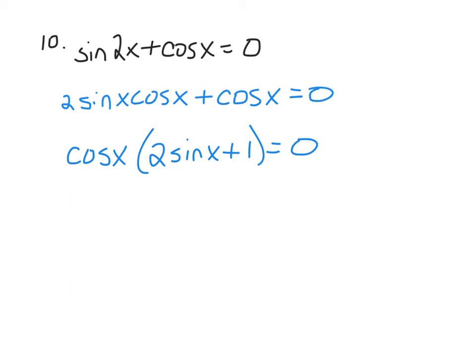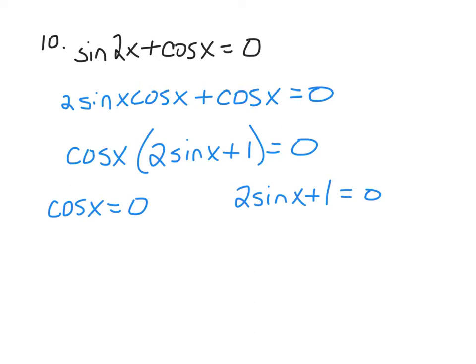And now that we have 2 factors that equal 0, we can set each of those equal to 0. And remember the way these work, you're saying to yourself, the cosine of what angle gives you 0?